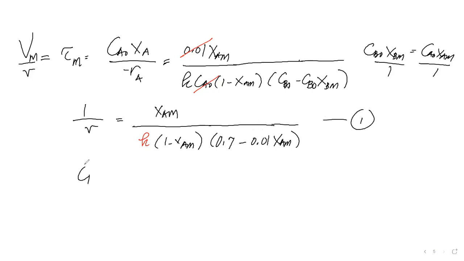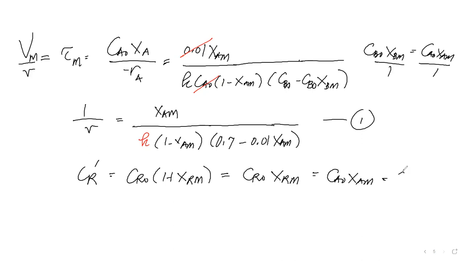Now, our CR prime is actually our CRO (1 plus XRM) in the mixed flow reactor. And since we don't have initially R, then this would be CRO XRM only, which is also equal to CAO XAM, CBO XBM.